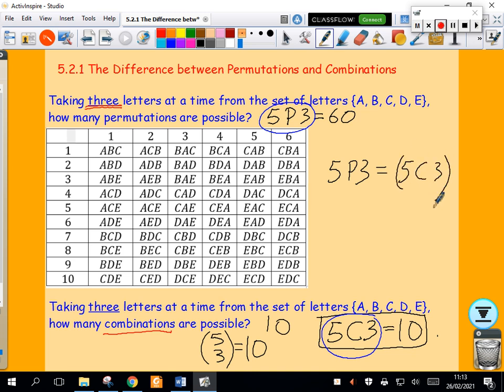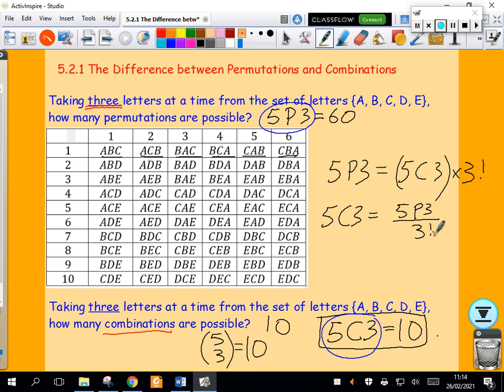So to find the number of permutations, first I found the number of combinations, but then I multiplied it by the number of different arrangements for each one, and each one of these combinations can be arranged in 6 ways. What's that 6 coming from? That 6 is coming from 3 factorial, if you remember from the first lesson. Another way to say that is 5 choose 3 is equal to 5 permute 3 divided by 3 factorial.